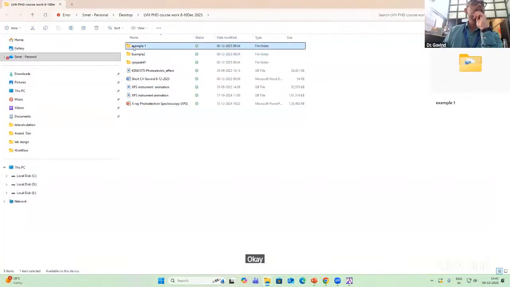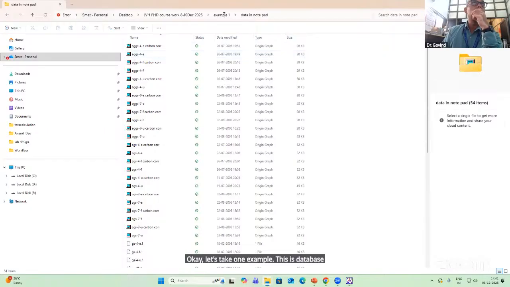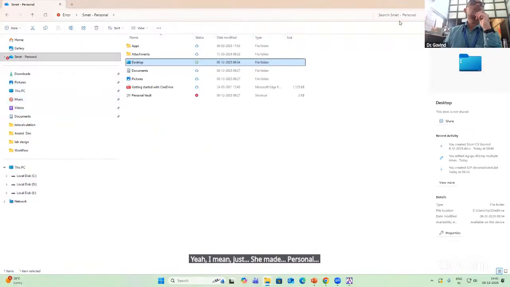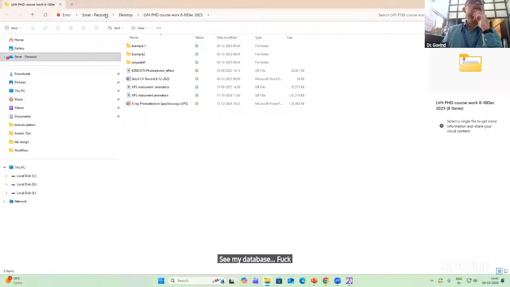Take one example, this is the database in notepad. See my database path: desktop, submit personal, desktop.